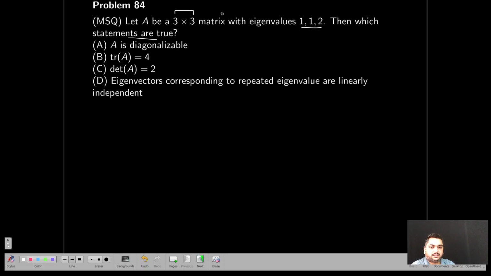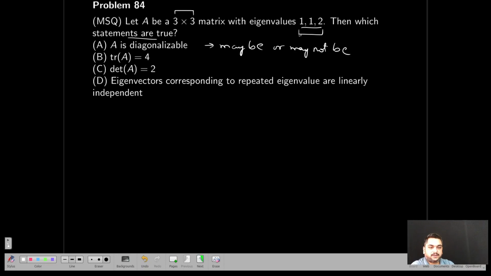If all are distinct, then we can definitely say A is diagonalizable. But here, all 3 eigenvalues are not distinct. Lambda 1 equal to lambda 2 equal to 1. That means this A may be diagonalizable or may not be. We need to check and find the eigenvectors for these.